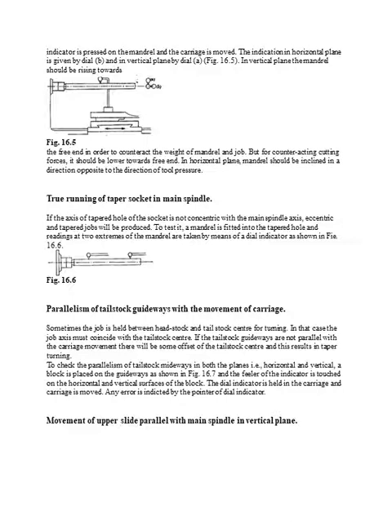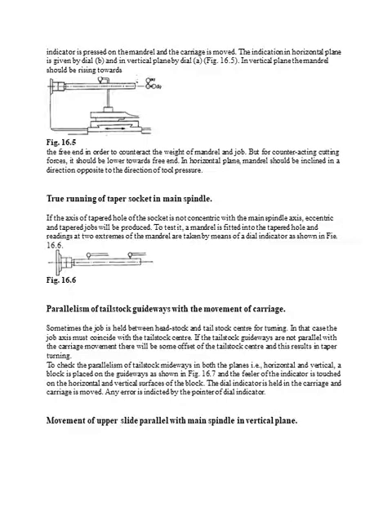The difference is that the dial indicator is moved from one end to the other end longitudinally, and we note down the difference in the readings at the ends. That is what happens in the test of movement of the upper slide parallel with the main spindle.